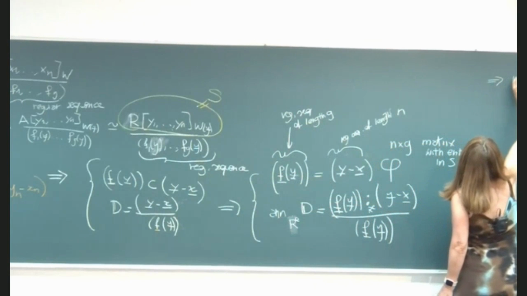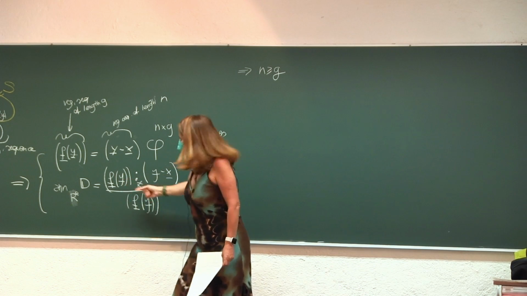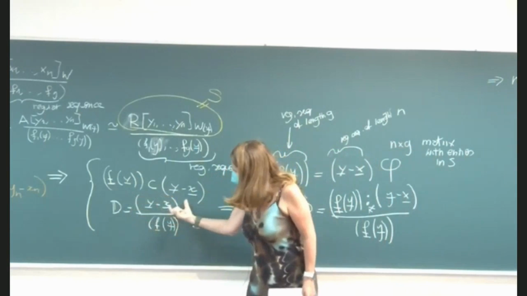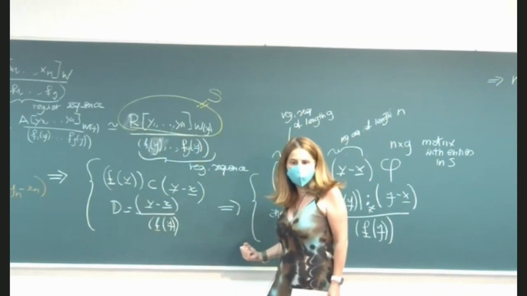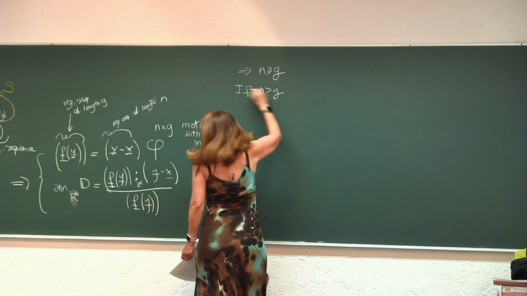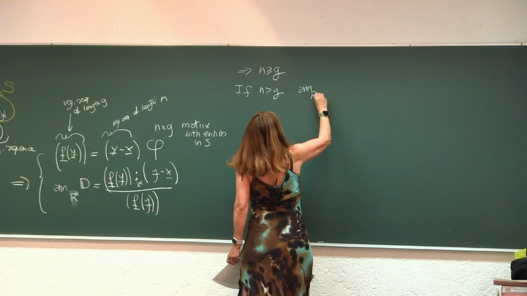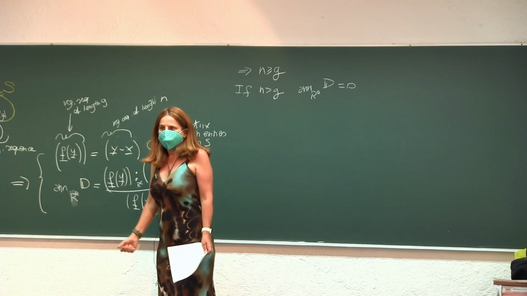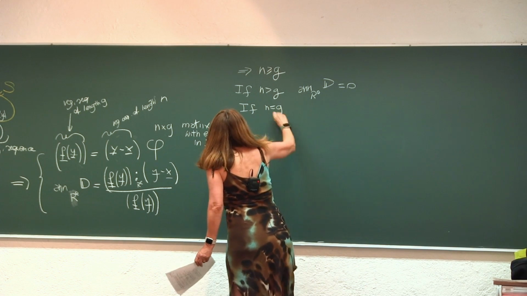This regular sequence of length g is containing a regular sequence of length n. What does this tell you about n and g? Guys, who is bigger? N, because this is containing the other. So this tells you immediately that n is bigger than or equal to g. But now when I do this colon, the grade of this ideal of D, if this is strictly larger, the grade of this ideal is positive, so its annihilator is 0. So if n is larger than g, the annihilator is 0.